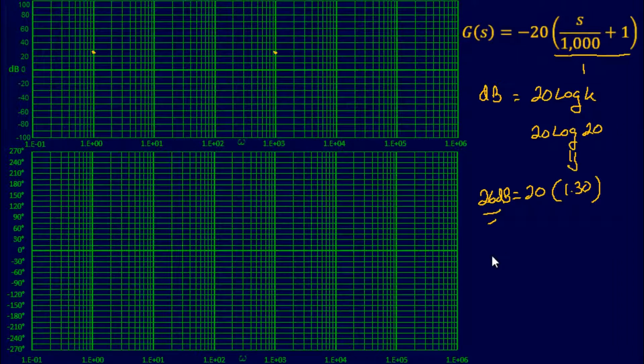Which means our zero is going to be at 1K. So it means we're going to increase 20 decibels per decade at that point. So 26 plus 20 is going to be 46. So there's 40. And I'm going to try to do in between again. Let's do 46 right there.